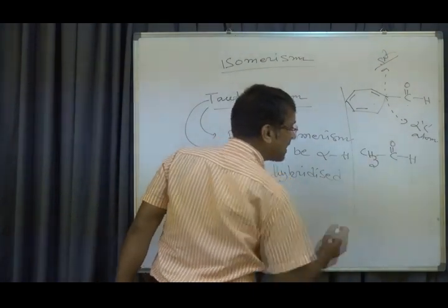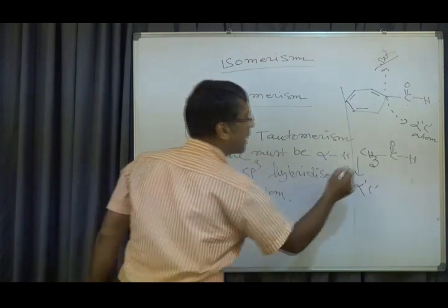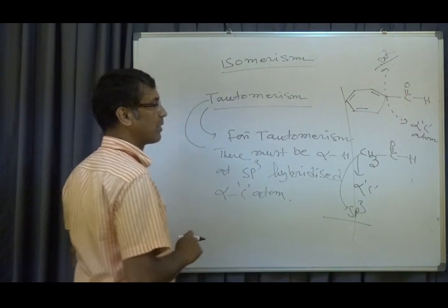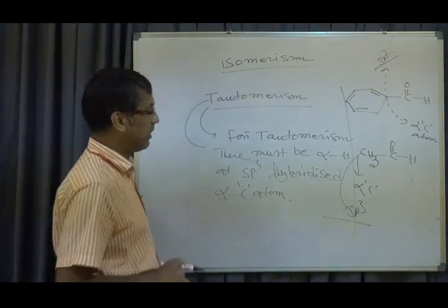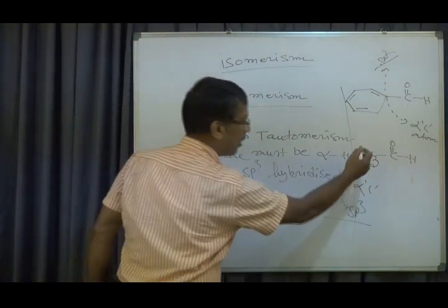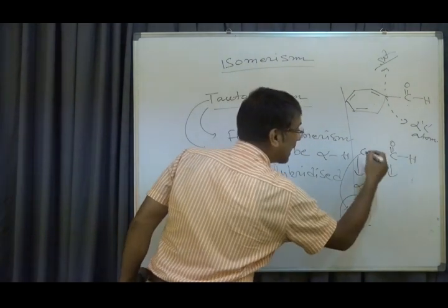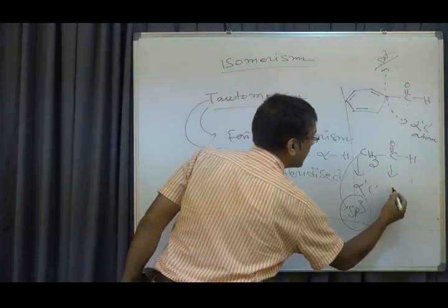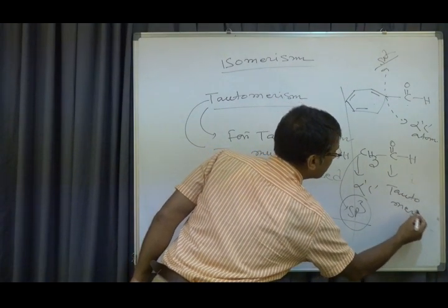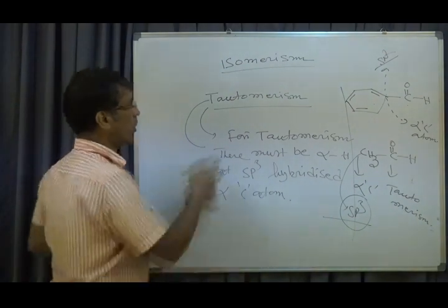Whereas in the case of acetaldehyde, you see that it is the alpha carbon and it is sp3 hybridized. I think everybody knows the state of hybridization. So acetaldehyde can show tautomerism.